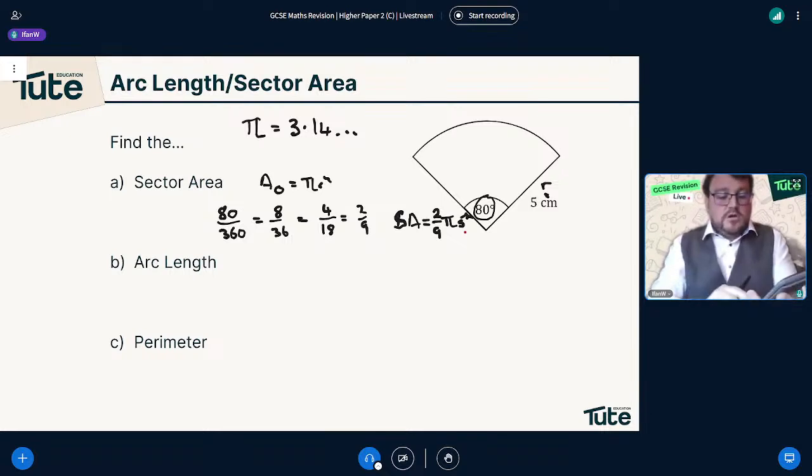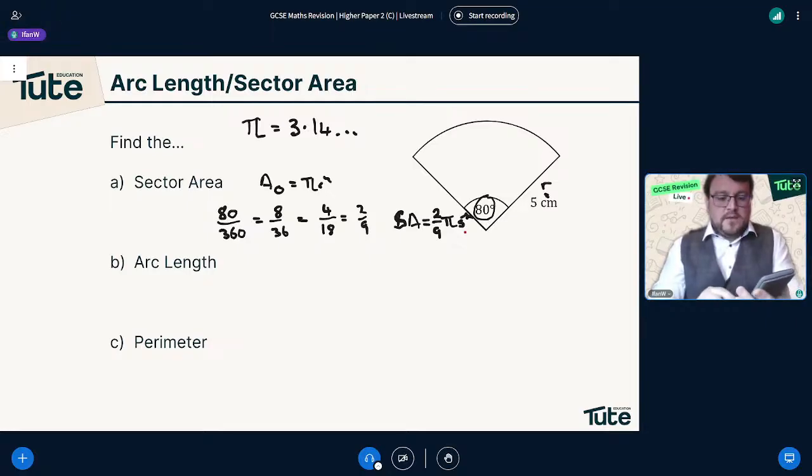So I always put pi first. It doesn't matter which way around you put them, because it's multiplication. I know that 5 squared is 25, but I'm going to put 5 squared in there for the sake of argument. And then I'm going to multiply it. And I've got a button for the fraction right here, if you can see that.